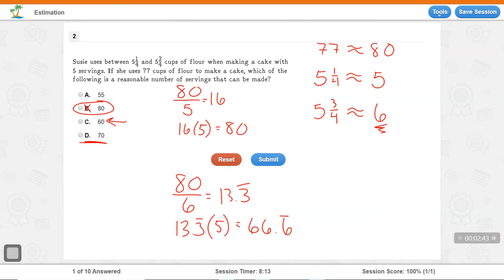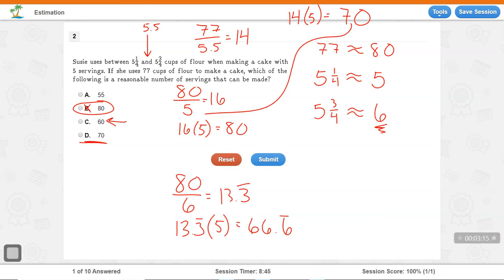If I actually calculate this and I see that right in between is 5.5, and I take 77 divided by 5.5 to see how many times it's going to go in there, I get 14, which means with 77 cups of flour, I probably did 14 sets of my recipe, and each of those 14 sets gives me 5 servings, and 14 times 5 is 70. And that's why 70 here would be our correct answer.